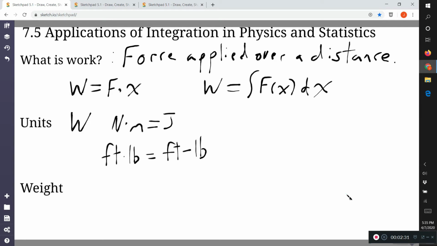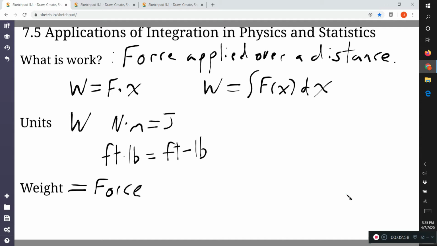Now, one of the things we have to talk about is the concept of weight. Weight is a force. It's the force applied by gravity. So we will list weights in pounds or in newtons, and that is to be used as the force in a given problem, or part of the force in a given problem.